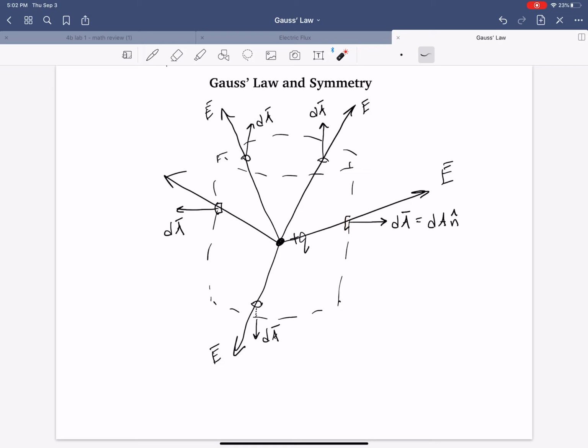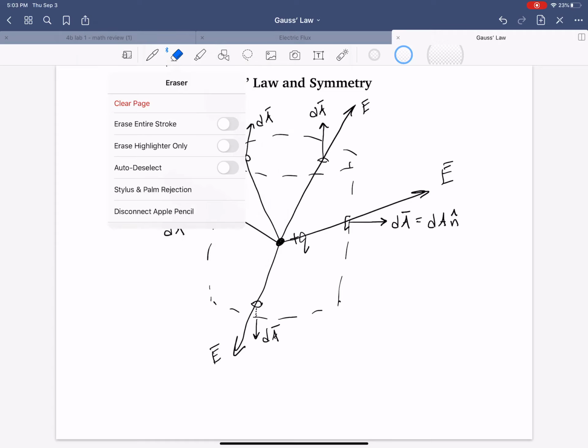So that's why this cylinder is a bad choice. The electric field at all points that it penetrates the surface is not the same. We want to choose a surface where it is the same. So a cylinder is a bad choice.